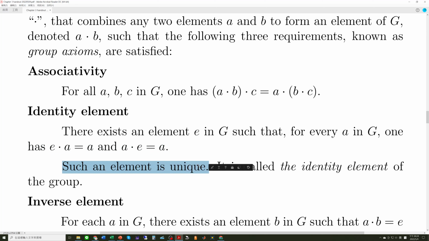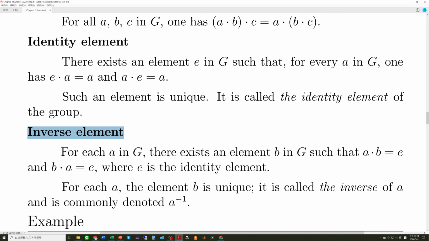It can be proved, but we are not offering a math class, so we do not plan to provide the proof here. It is called the identity element of the group.